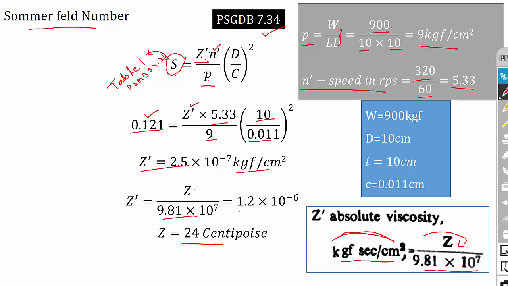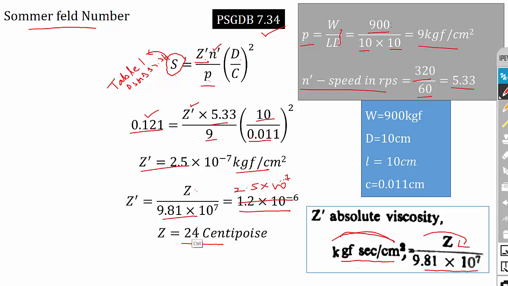If you substitute the value of Z dash, it is not actually 1.2 into 10 power 6, it is 2.5 into 10 power minus 7, which is what we calculated earlier. There was a small mistake there. Then you can calculate the value of Z, that is equal to 24 centipoise.